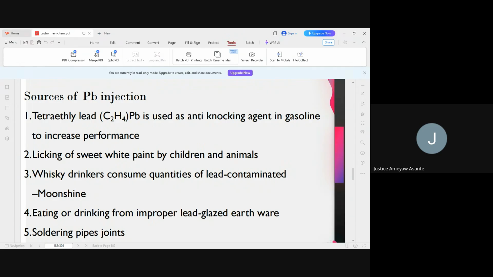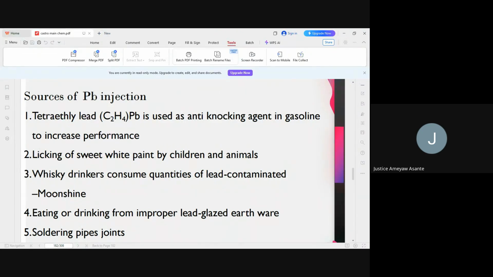Then children also licking of sweat, white paint. So licking of sweat, white paint by children and animals.